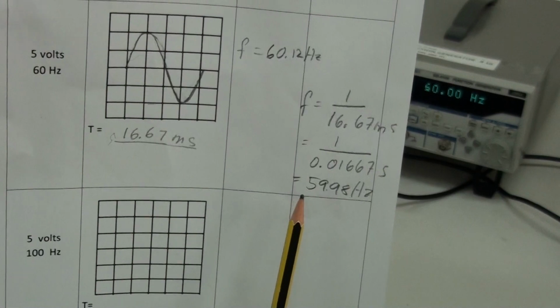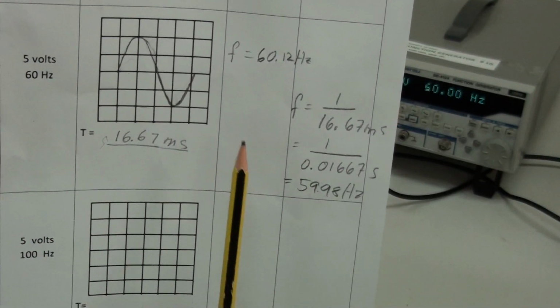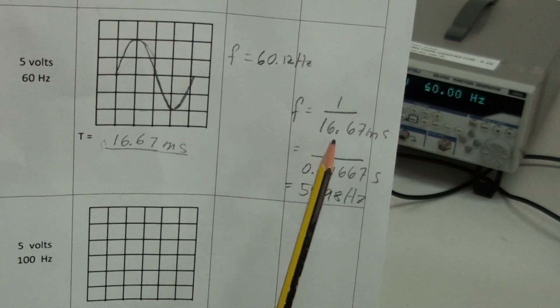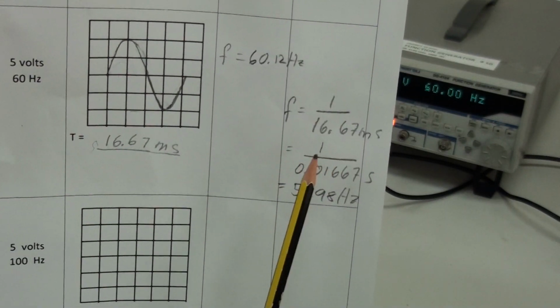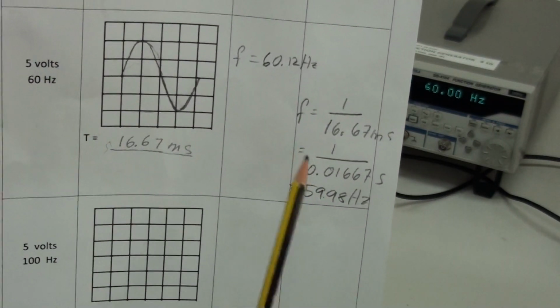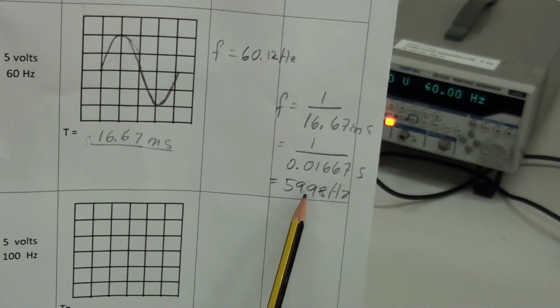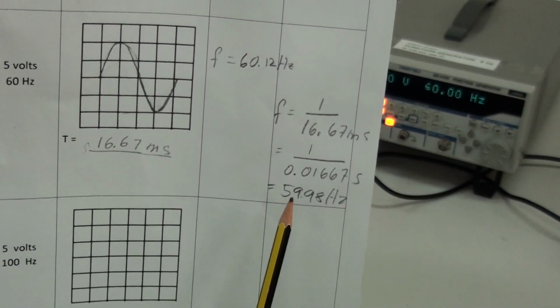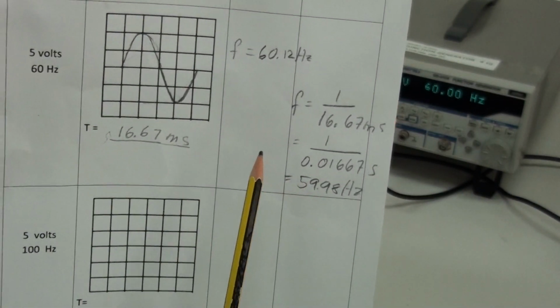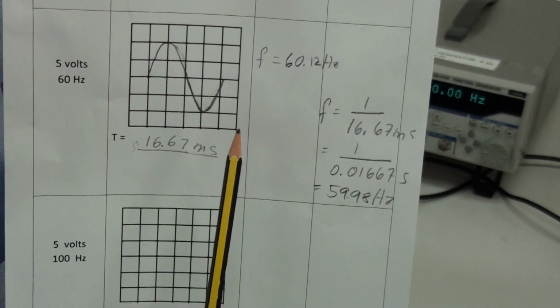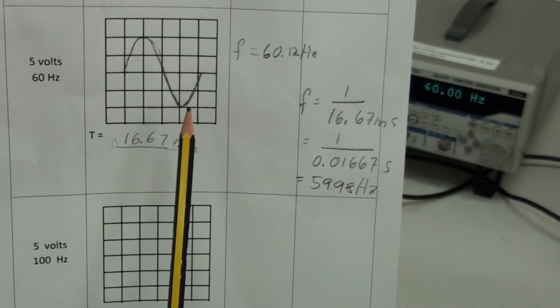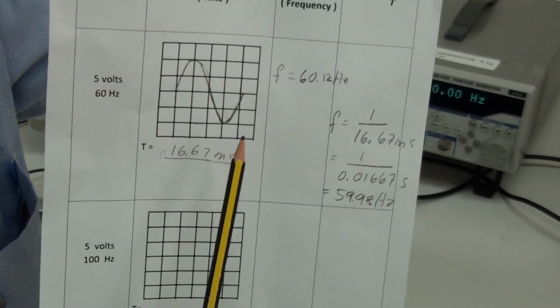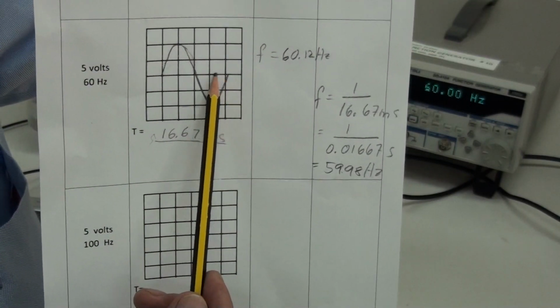So in this activity, we're able to prove that the measured and theoretical or computed values are almost the same. Although there is a very small difference, it is acceptable. I hope you understand our activity.